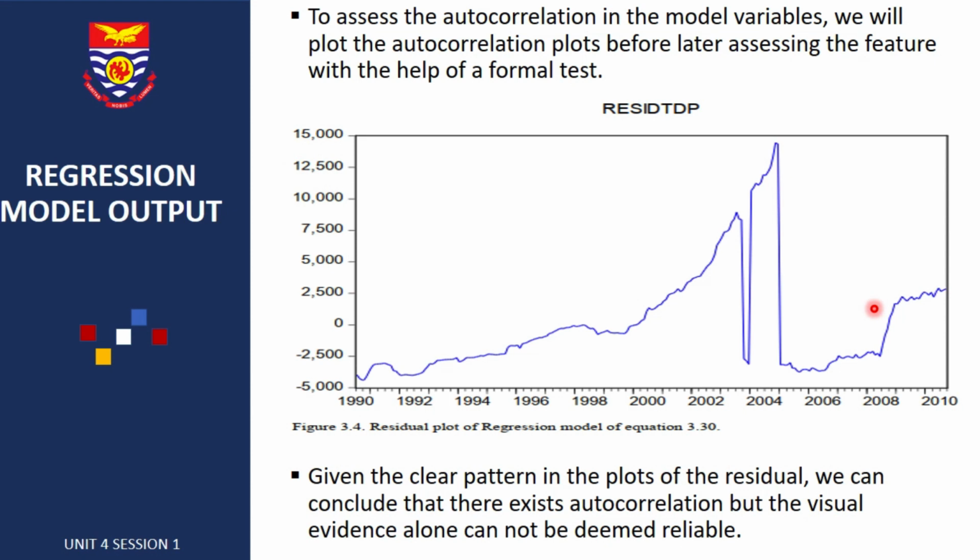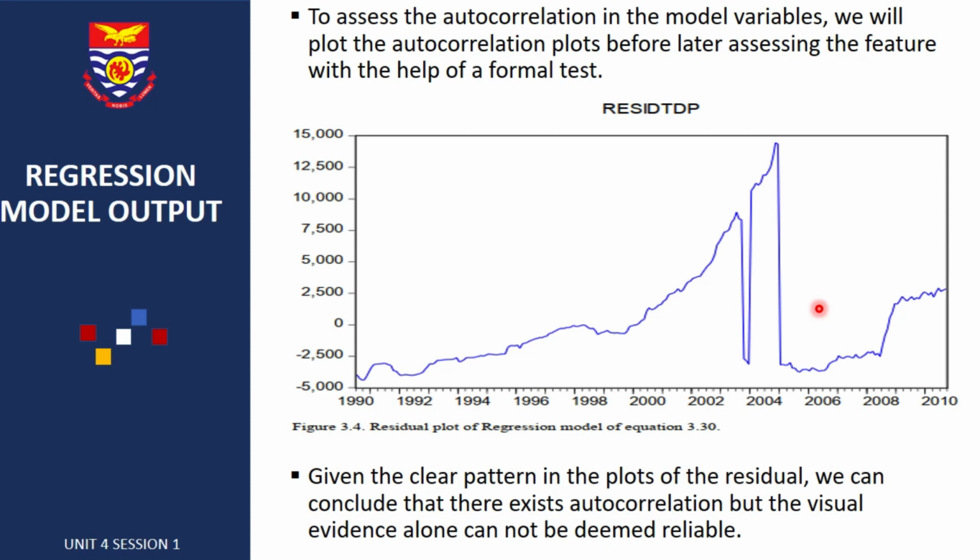So in the next session, we are going to test for the presence of autocorrelation using formal tests like the Durbin-Watson test and the Breusch-Godfrey Lagrange multiplier test, among others. We also have the Ljung-Box test and the Box-Pierce test, which are all used in testing for autocorrelation within the series.